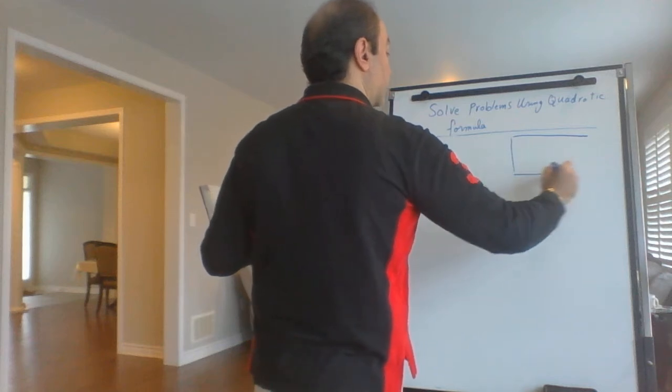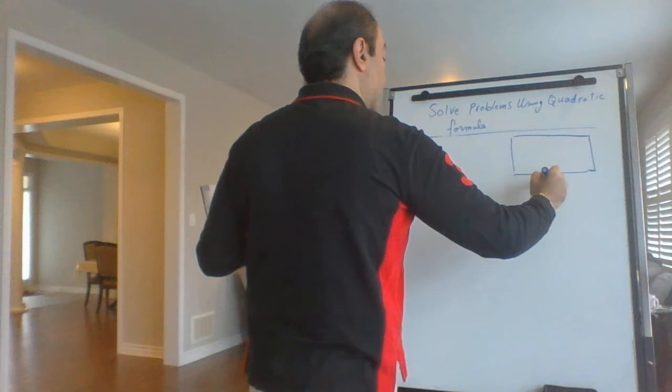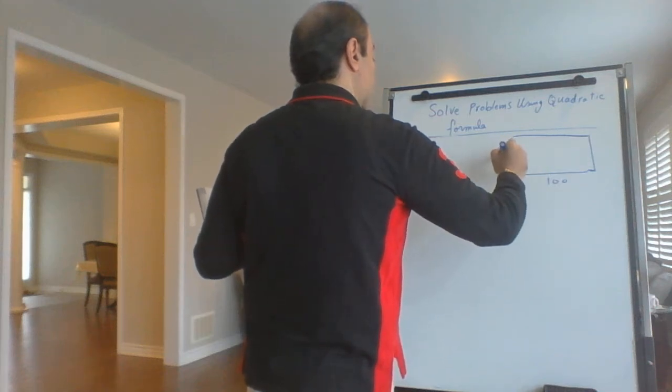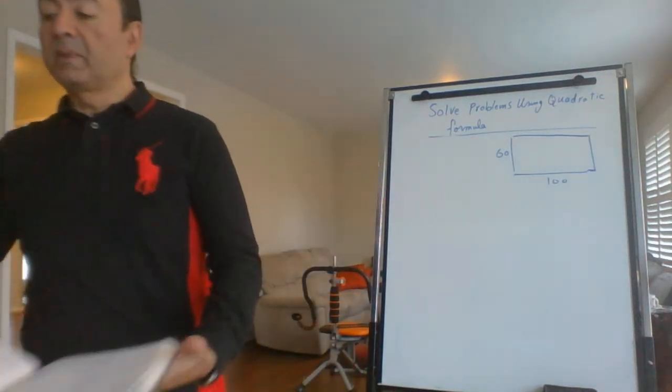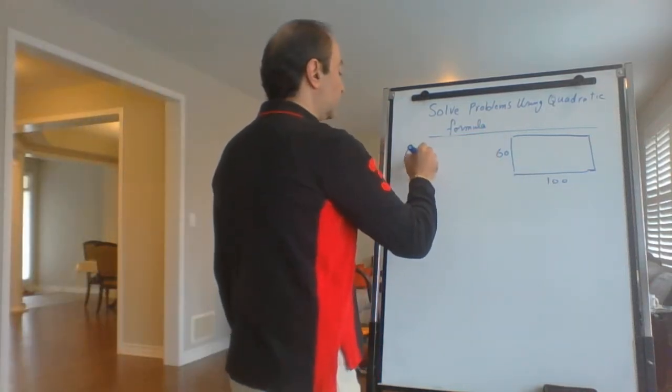Okay, so we have a length, or park measurement, 160. So the area of this is 6,000.